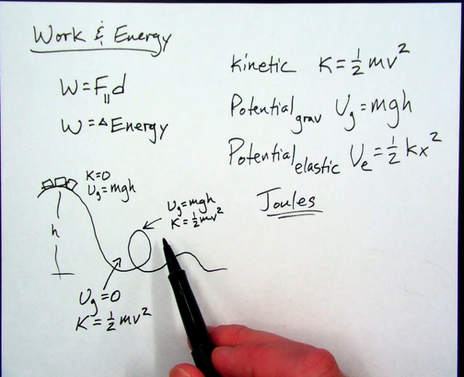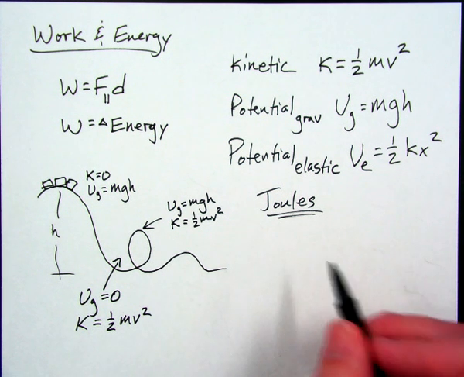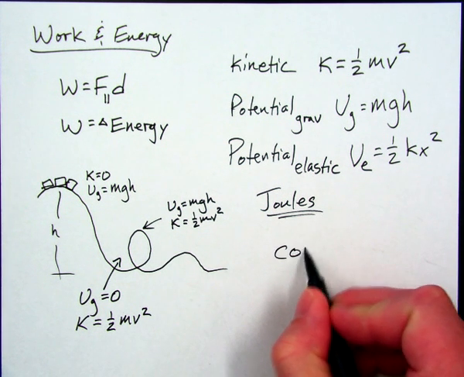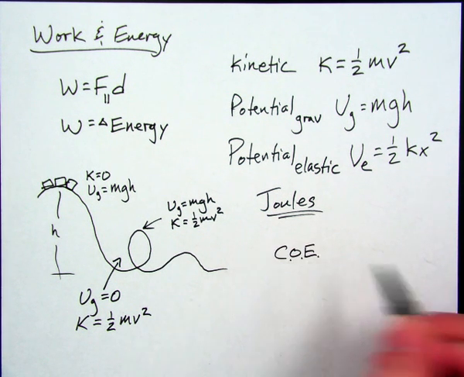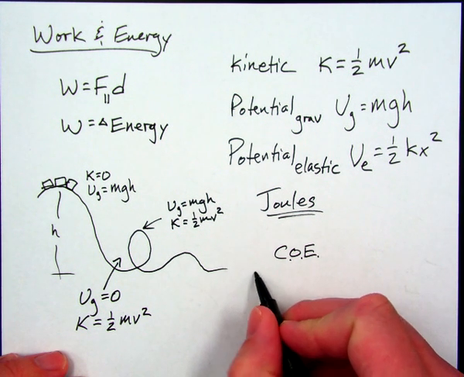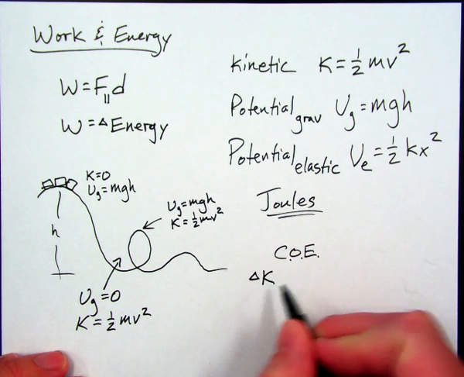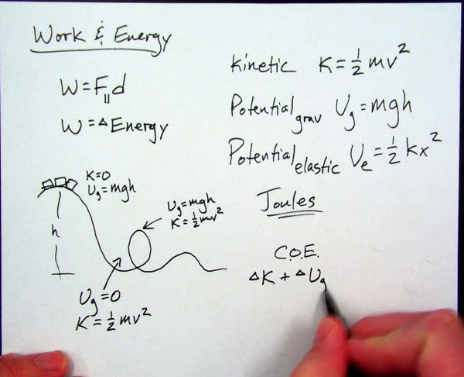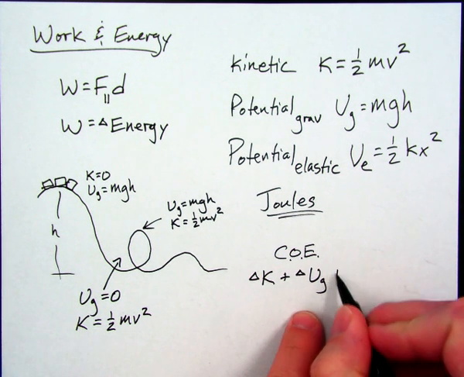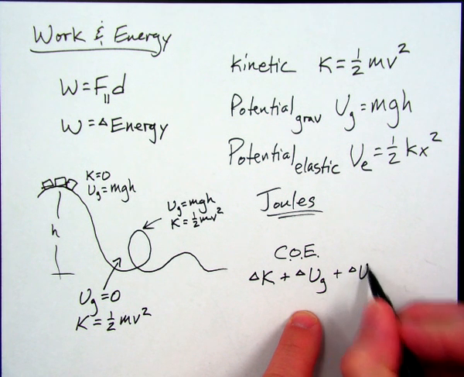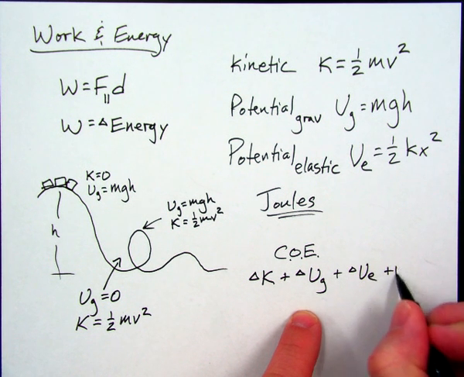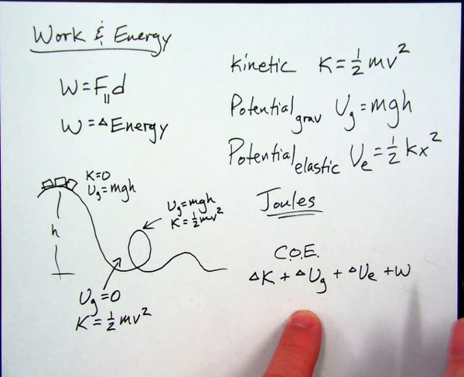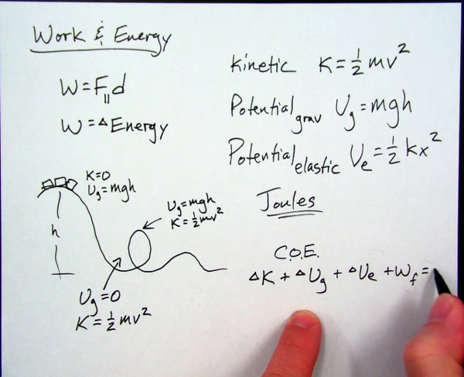And the assumption we make in many of these cases is what we call COE, conservation of energy. Whatever total change in kinetic energy there was, plus whatever total change in gravitational potential energy, plus any change in elastic potential energy, plus any work that was done to friction, all of this has to equal 0.